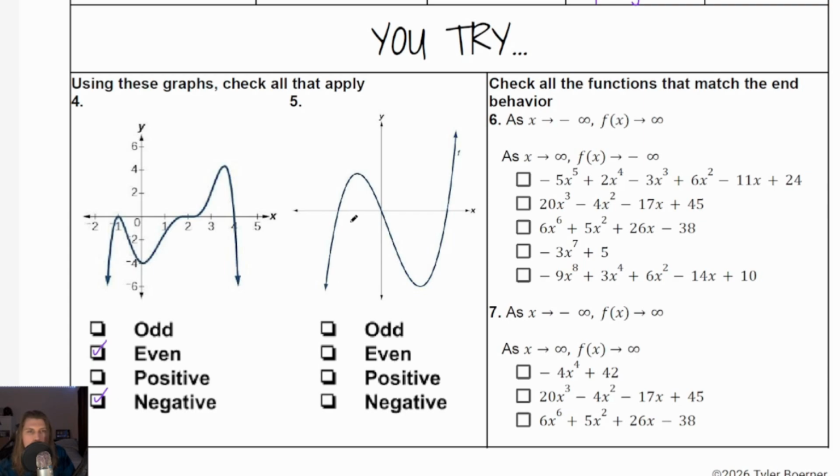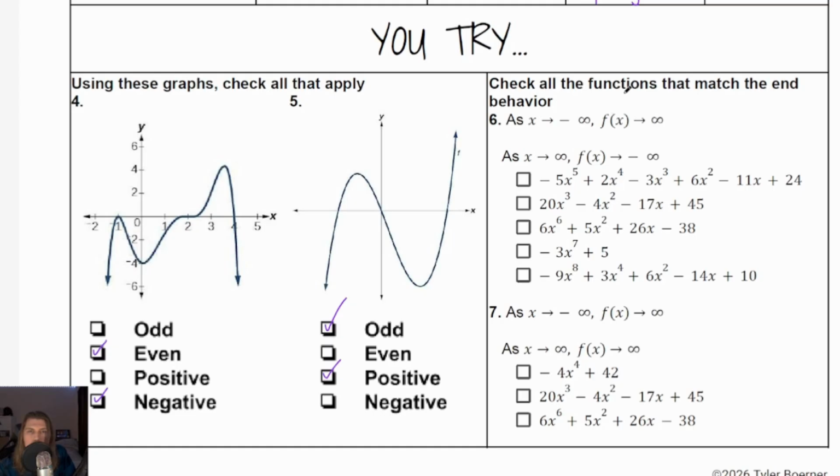So then our second graph, it has 2 different directions, so I'm pretty sure the degree is going to be odd, and it starts from the left going down, and then the right is going up. So I think that this one is positive, because that is what a positive odd polynomial looks like.